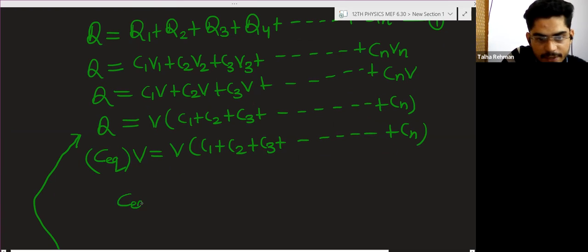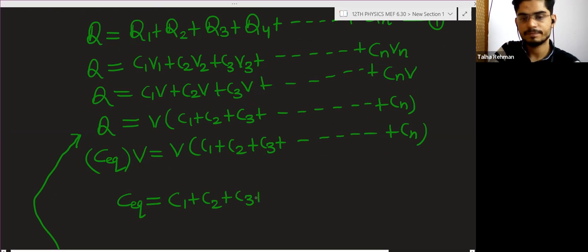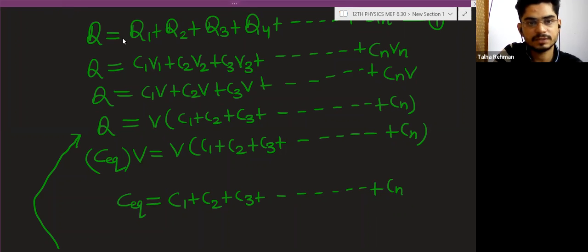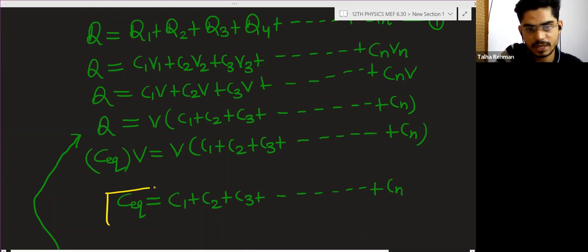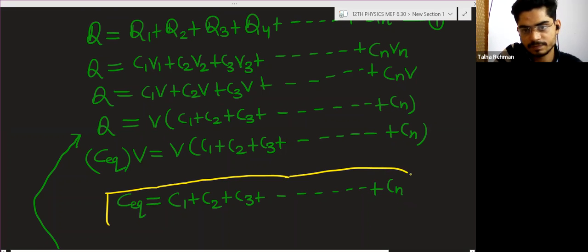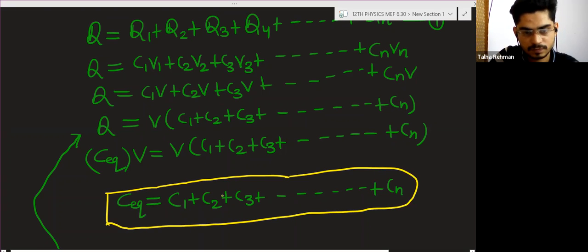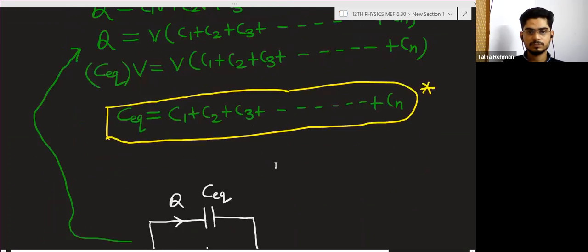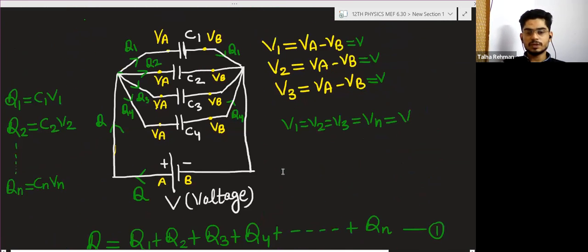So C equivalent capacitance will be C1 plus C2 plus C3 plus Cn. This is the equivalent capacitance in parallel combination, meaning add the capacitances simply. Potential is the same, equal to V.